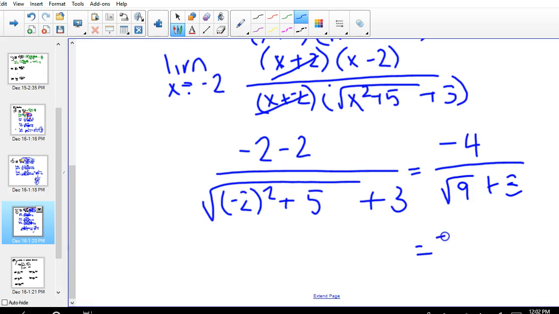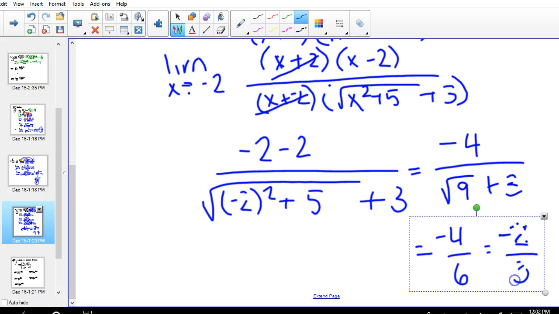So you get negative 4 over 6, which will reduce to negative 2 over 3. Okay, questions?